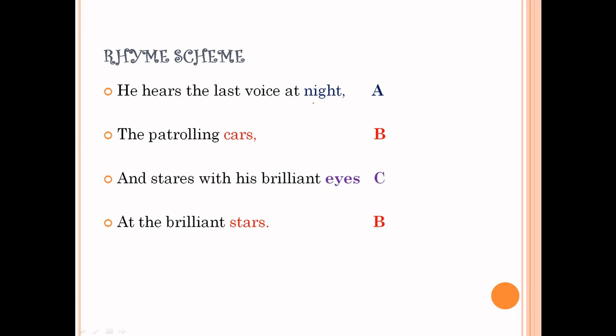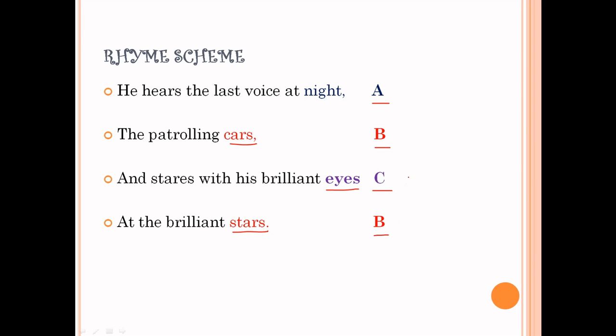There are the last words of 4 lines: night, cars, eyes, and stars. So night, first word is night. We will give it A, and after it cars is a different word, so we will give it B. And eyes is a different word, so we will give it C. And stars matches with cars, so we will give it B. So the rhyme scheme would be AB, CB.